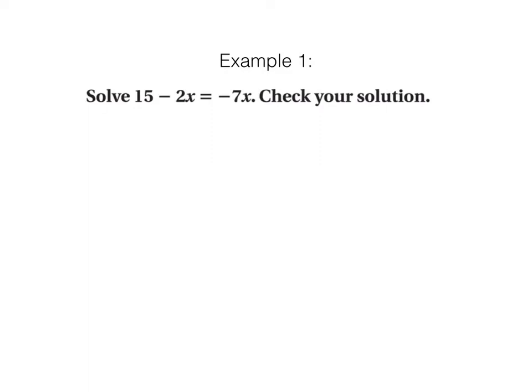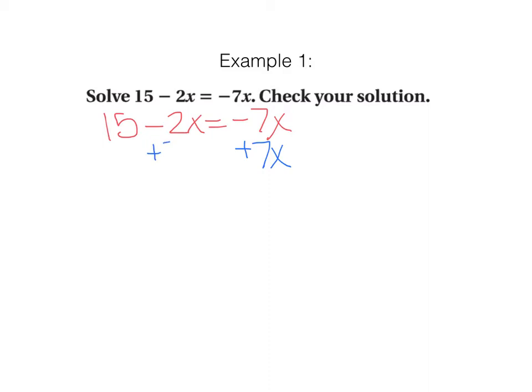As usual, we're always going to write the equation first. After we write the equation, we're going to first start by eliminating whatever variable is on the right-hand side. In this case, we have negative 7x. So the inverse of negative 7x is a positive 7x.